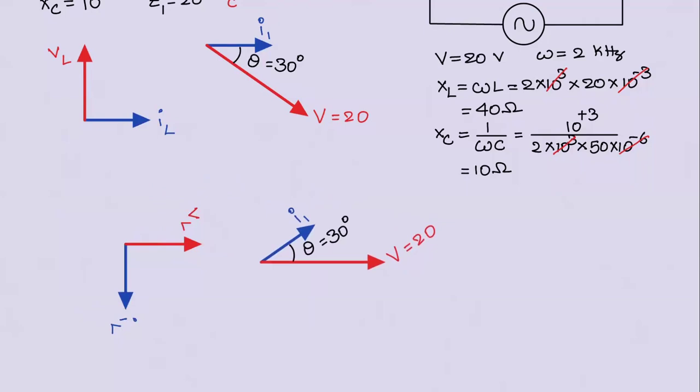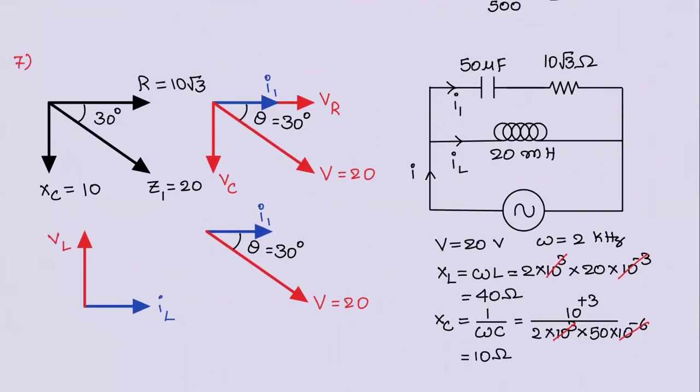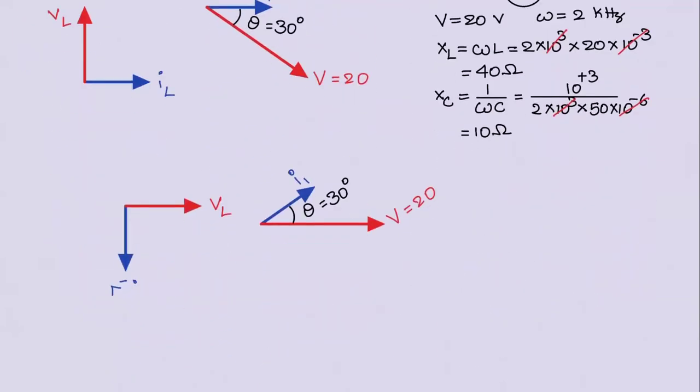So let us adjust things. This is VL I'm writing. In reality, VL or V, everything is same, na? Because in parallel combination voltage remains same. For the sake of synchronization, I'll adjust the voltage phasor like this, right? And this voltage is what? 20.